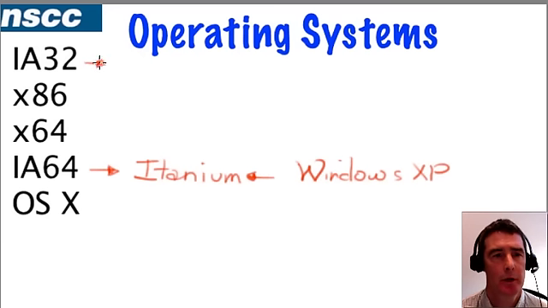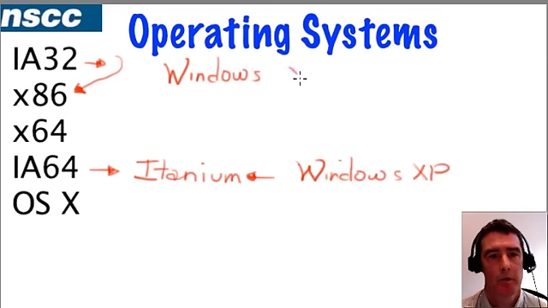IA32 is the Intel Architecture 32, and its original instruction set is called the x86. So we have many versions of Windows, and if you have a version of Windows that's x86, it means it's running a 32-bit version of Windows. It's using the 32-bit instruction set inside Pentium CPUs.